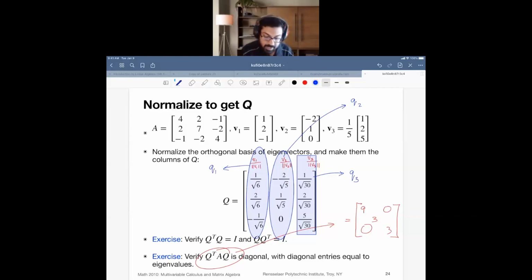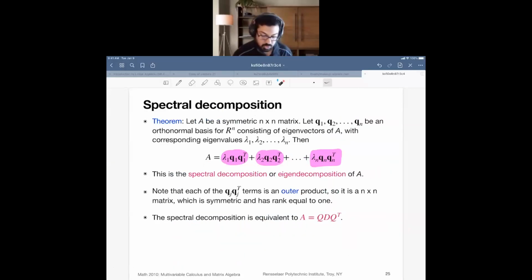These were columns of my orthogonal matrix Q. My claim is this: if you did lambda 1, which is 9, times Q1 Q1 transpose plus 3 times Q2 Q2 transpose plus 3 times Q3 Q3 transpose, you will get your original matrix A back. So you can decompose this symmetric matrix into pieces that are orthogonal vectors, and you need to scale them by their appropriate eigenvalues.